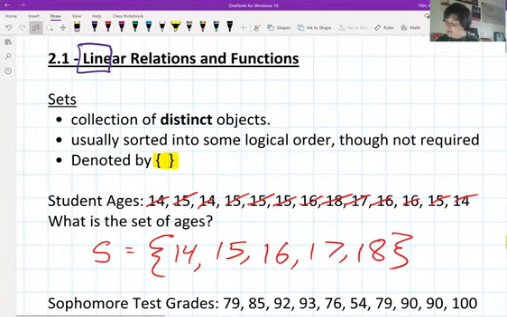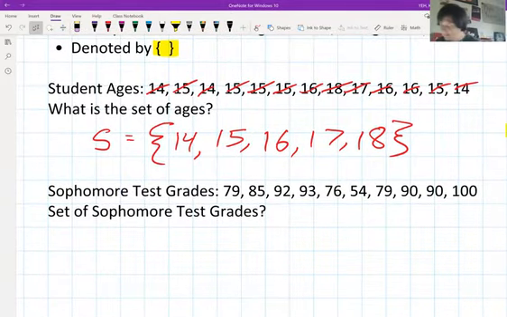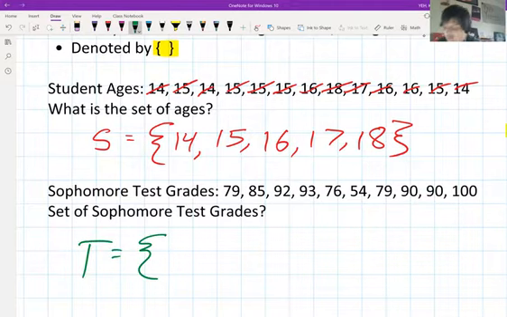Okay, let's do one more set example. We won't do set builder notation on this one, but we're looking at sophomore test grades on some exam for school. So maybe I call this T for test grades. And I'm just going to list them out again, lowest to largest. So looks like 54.